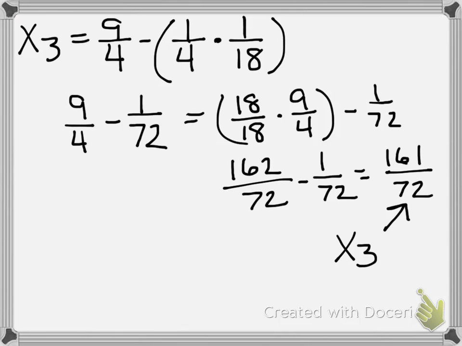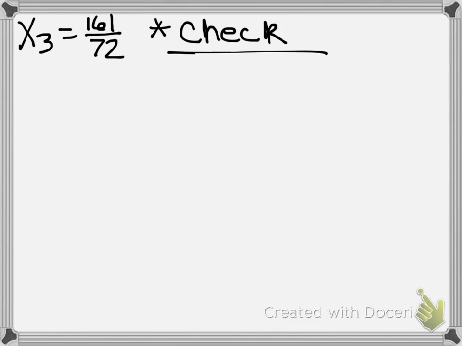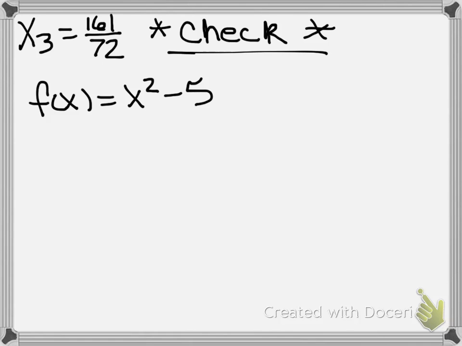So now that we have an x3, don't stop there, actually go back and check it to make sure that it does come out to a 0. Okay, so we have our x3 and made a little note that we need to check it. And so how do we check it? We plug that back into the original f of x, which was x squared minus 5.